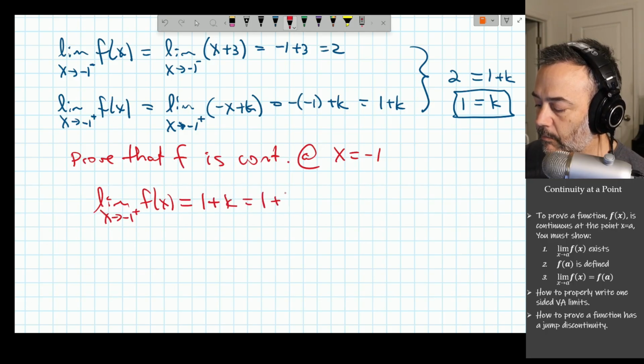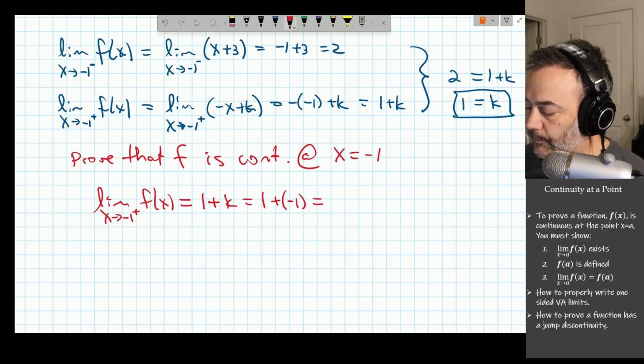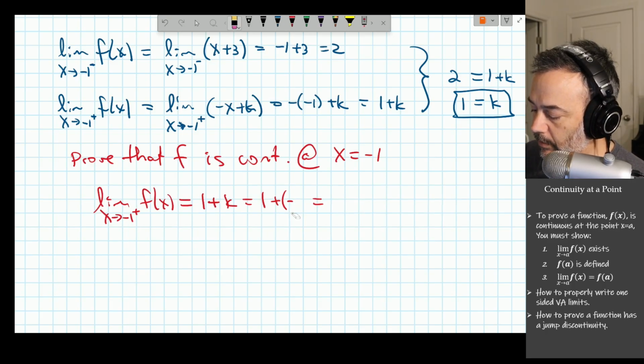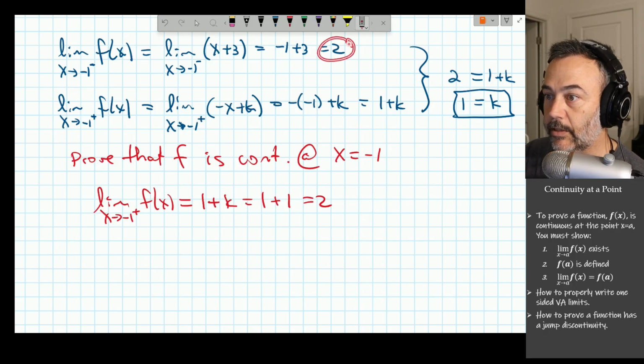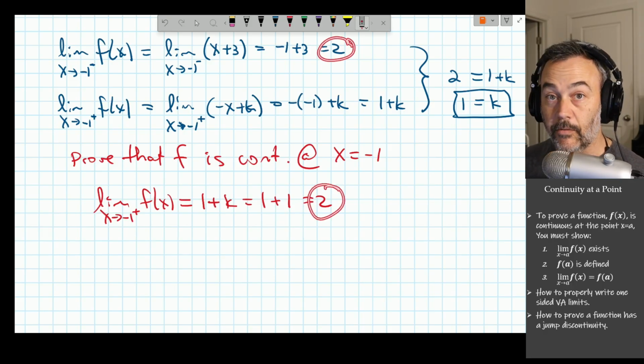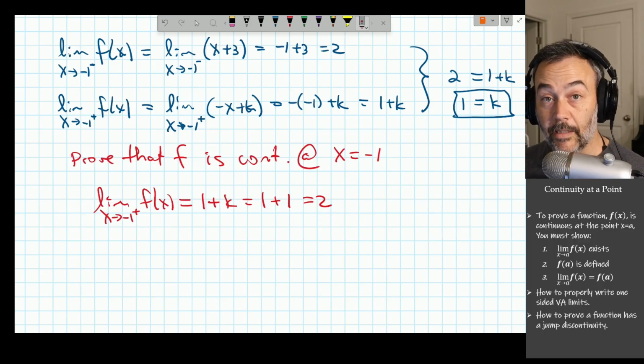Oh, excuse me, I knew I was making a mistake there. K is +1. Oops. 1 plus k, well, that's 1 plus 1, which is 2. Okay, so notice we've got the left limit equal to 2. We've got the right limit equal to 2. We need to state that the limit of the whole function is 2.